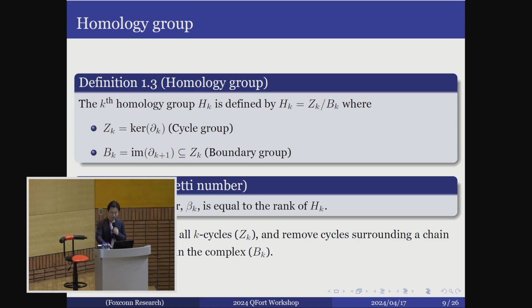Okay. So now, the important thing to remember is that finding the K-th Betti number is equivalent to finding the rank of your homologies, right? Okay.